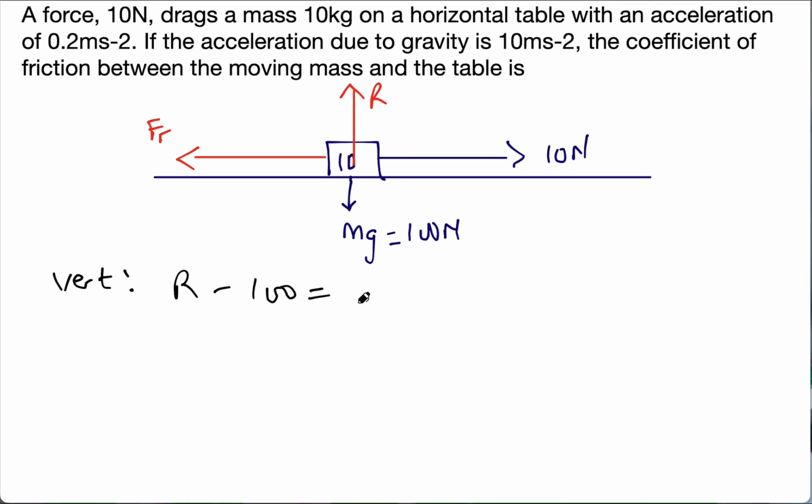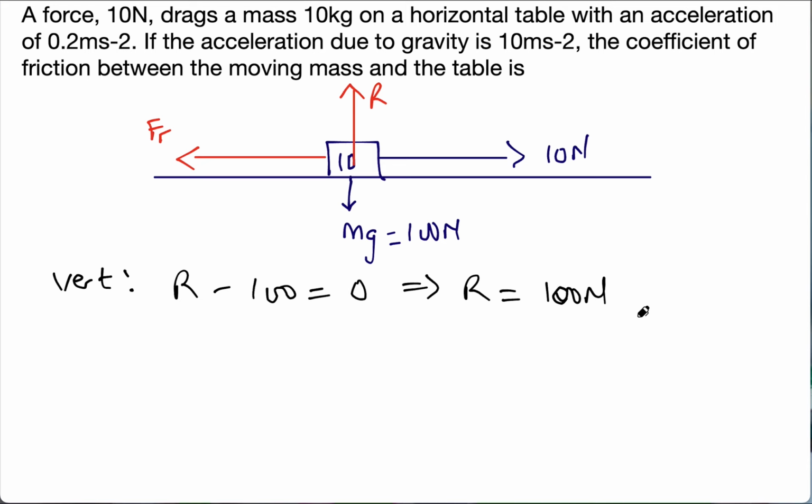According to Newton's law of motion, the net force acting on the system will be equal to mass times acceleration. But this is the vertical direction. As we can see, the mass is not going to move in the vertical direction, which implies that its acceleration is going to be equal to 0. So ma will be equal to 0 in this place. So the implication of this is that R equals 100 newtons.